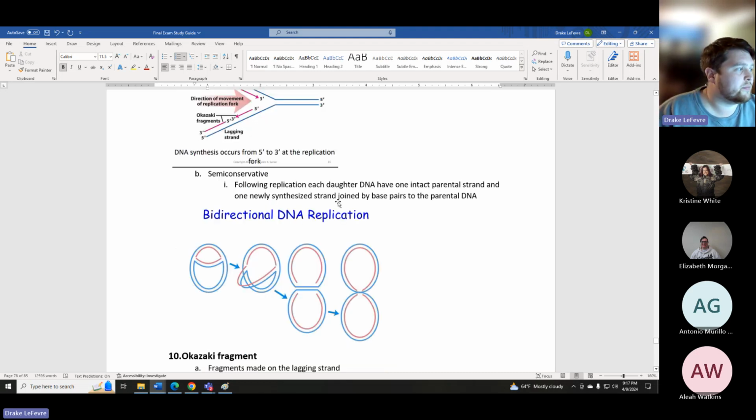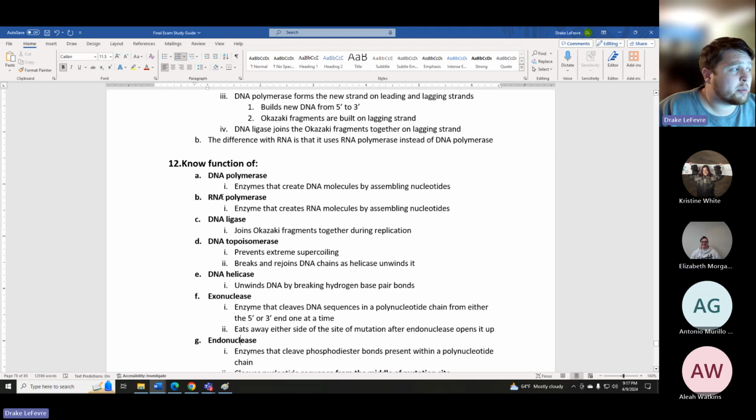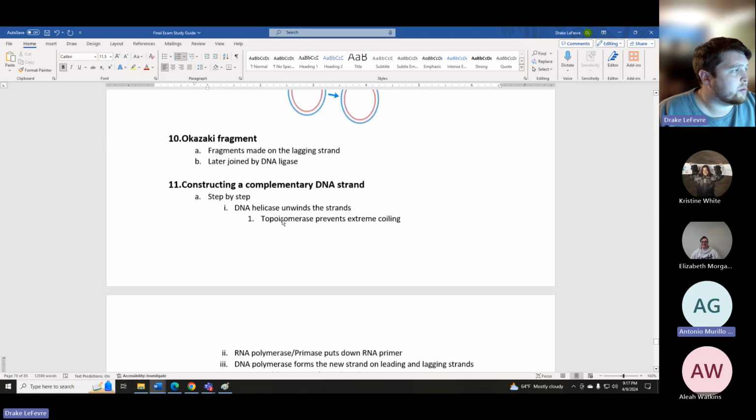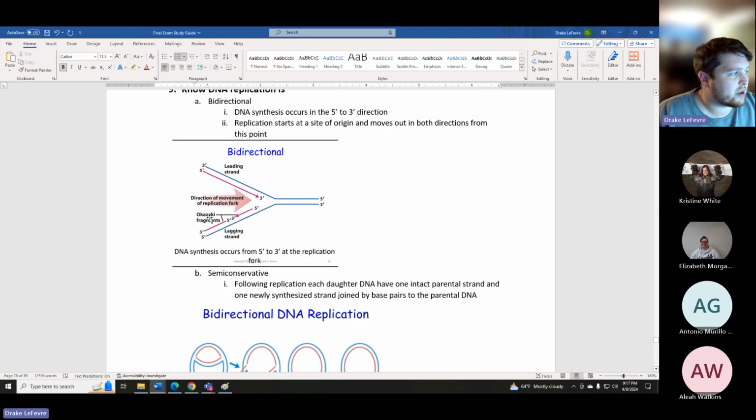That's its job. RNA polymerase does the same thing as DNA polymerase, except it builds RNA instead of DNA. The DNA ligase, once we produce the Okazaki fragments on the lagging strand, is going to come in and glue that stuff together.